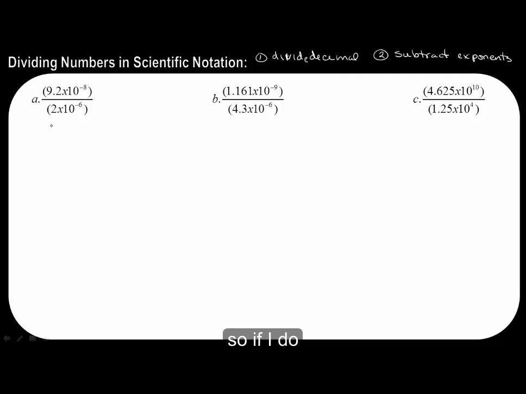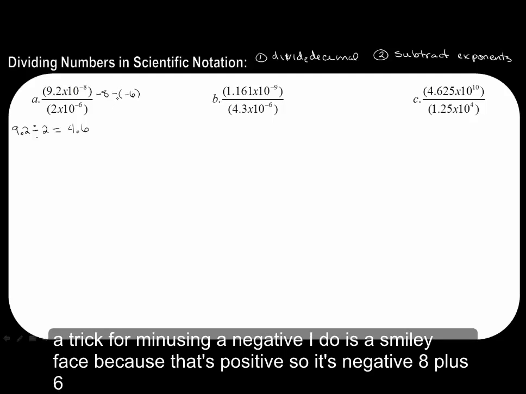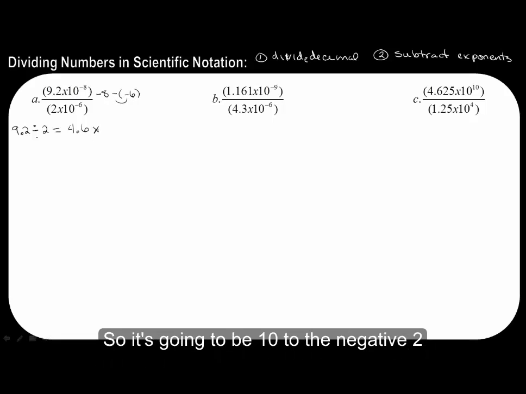So if I do 9.2 divided by 2, I get 4.6. And if I do negative 8 minus negative 6, the trick I use for minusing a negative is a smiley face, because that's positive. So it's negative 8 plus 6. So it's going to be 10 to the negative 2.